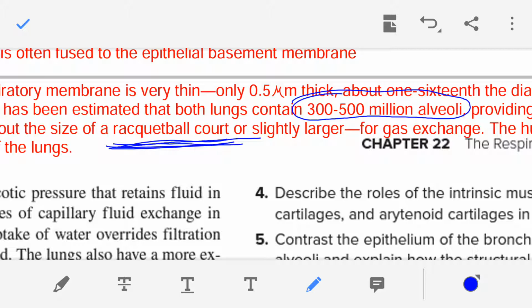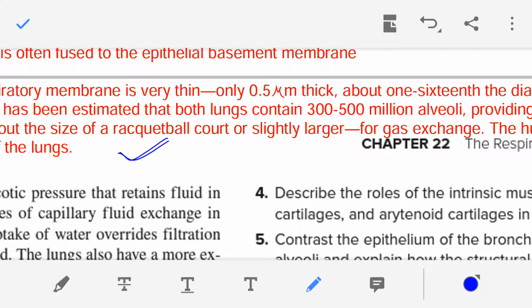Now what is this racquetball court? The racquetball game is similar to the tennis ball game. Generally this is an indoor game, and in this indoor stadium there are 1, 2, 3, 4 and 5 walls.